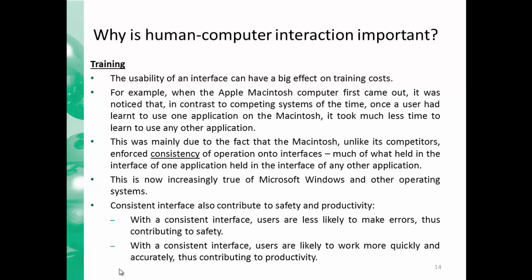Also, human-computer interaction can be used to train people and cut the cost of training. So we can build systems that simulate real-life systems and use these systems to train people as the real-life systems.